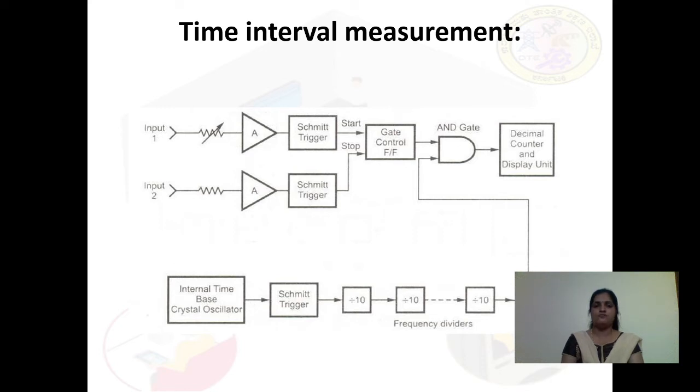These are the two outputs from the gate control flip-flop. Initially we load input 1 through the attenuator, then the amplifier, then pass it through the Schmitt trigger circuit. It acts as a start pulse through this gate control flip-flop, which will set or enable the AND gate.